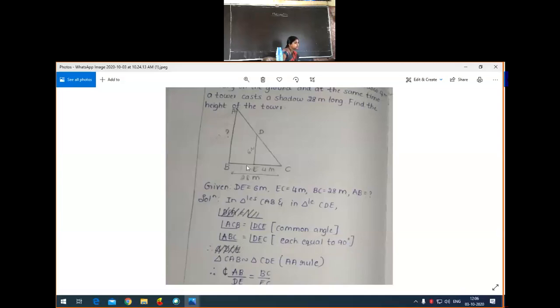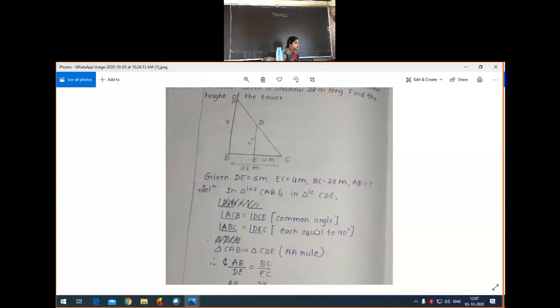Next, in both triangles, are you observing one common angle? In triangle ABC, angle C is there. In triangle DEC, angle C is there. Angle C is the common angle. Therefore, triangle ABC is similar to triangle CDE, by the similarity condition. Now we can write the ratio AB divided by DE, which is equal to BC divided by EC.